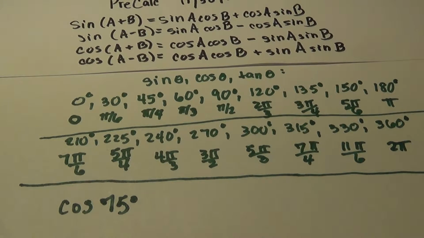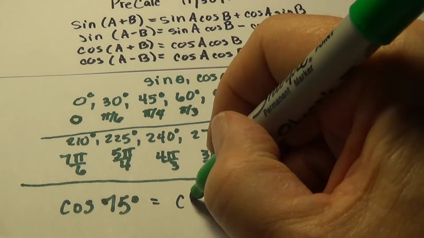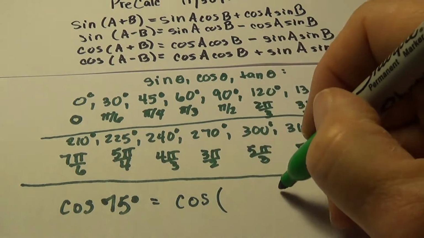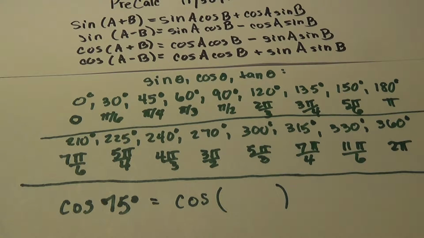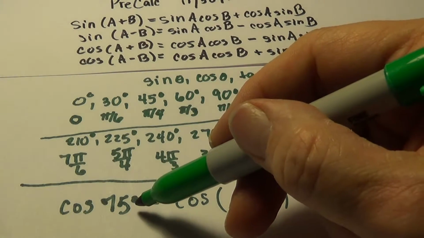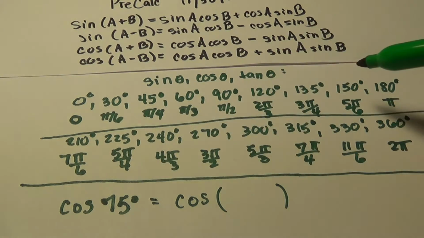The way we do that is we are going to rewrite 75 as a sum or a difference of any two numbers in this list. I'll go ahead and use degrees because this problem came to us in degrees. If it came to us in radians, we would use radians.